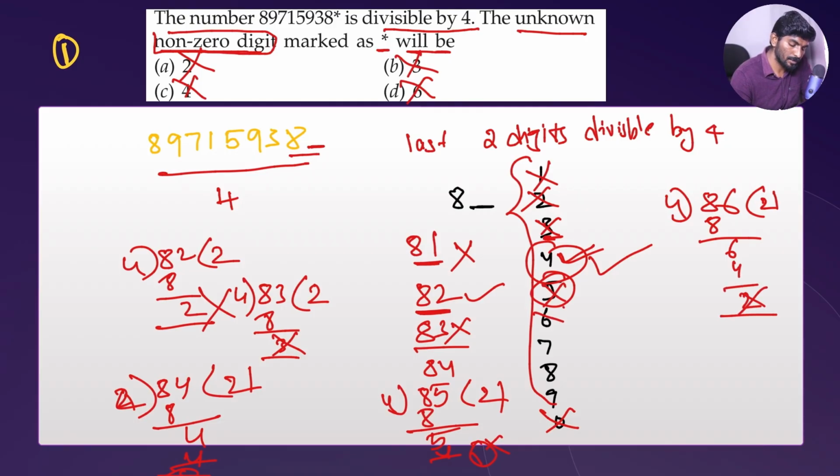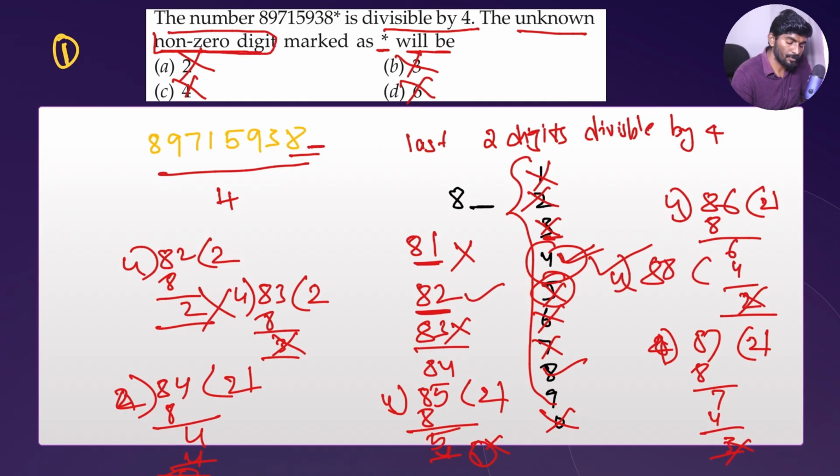No. 87, 2 fours are 8, 7, 1 times 4, 3. No, this is also not correct. 88, 4 twos are 8, 8, 4 twos are 8. See, there are two options. 9 also won't be divisible.